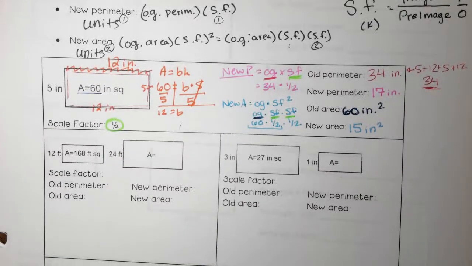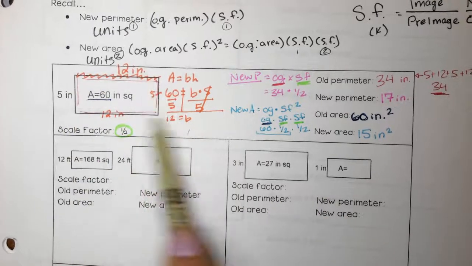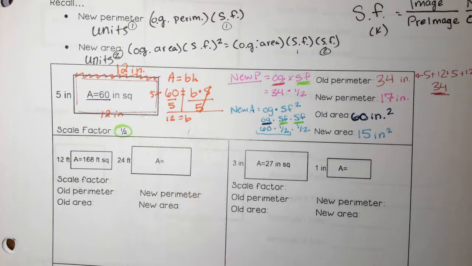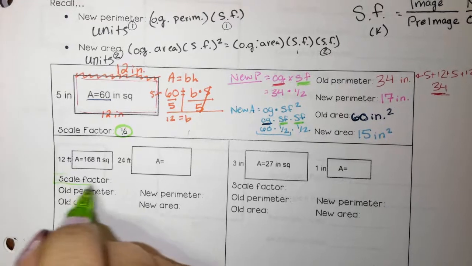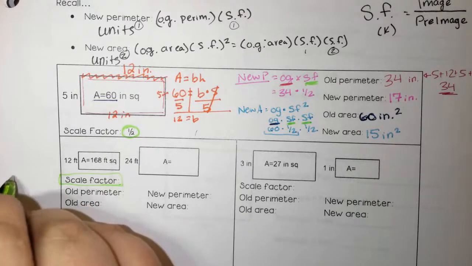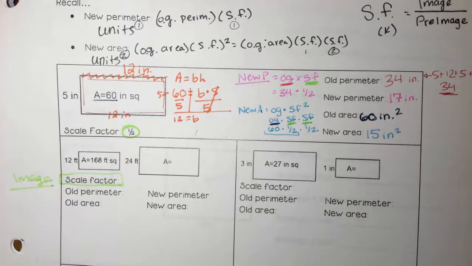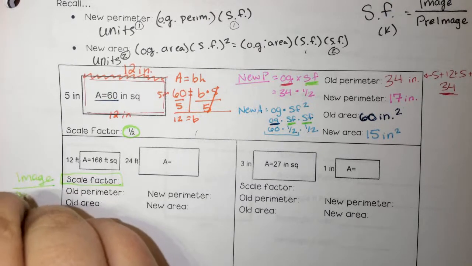Let's look at some examples down below. These examples are going to be almost exactly like the example we just worked out, except we're also going to have to find the scale factor. To find the scale factor, remember, we are looking at something from our new, or our image, over something from the old, or the pre-image.